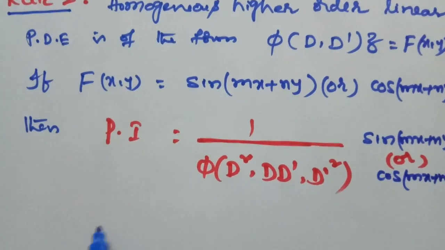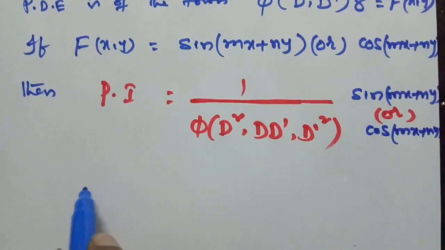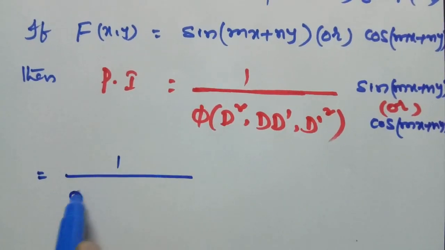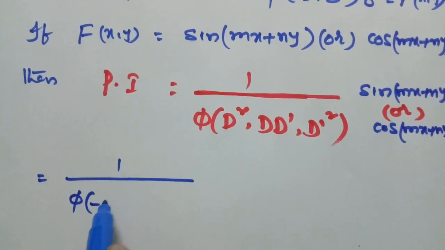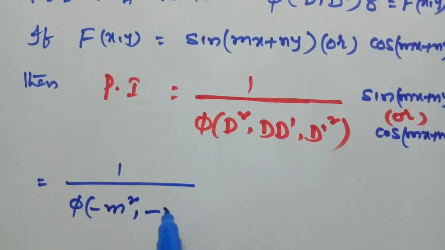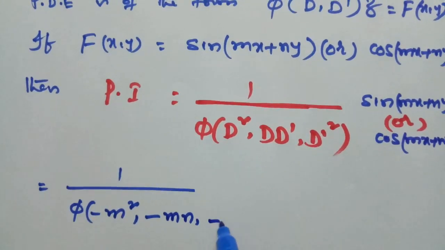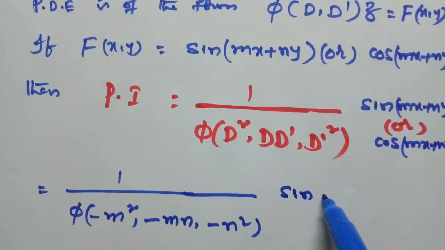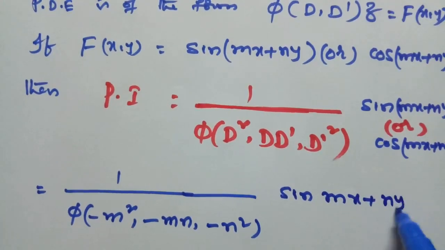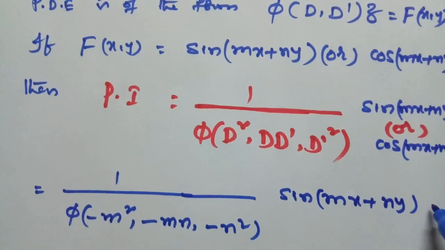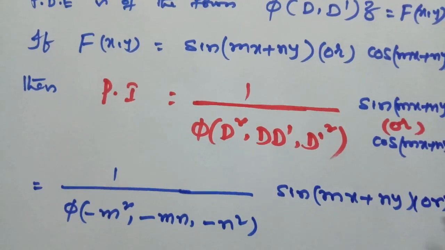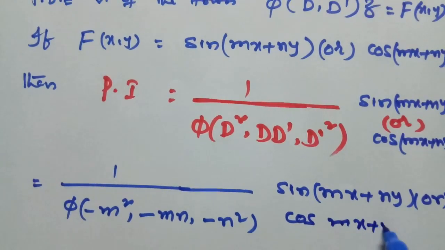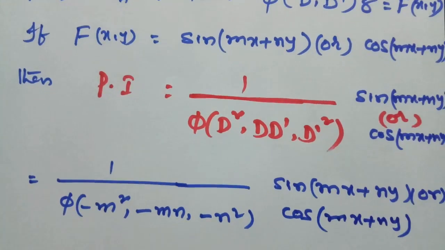Therefore, this is equal to 1 by phi of minus m square, minus mn, minus n square, into sin mx plus ny or cos mx plus ny.